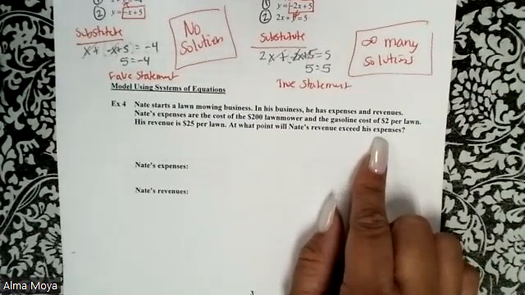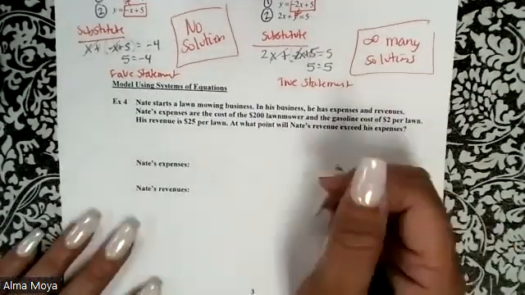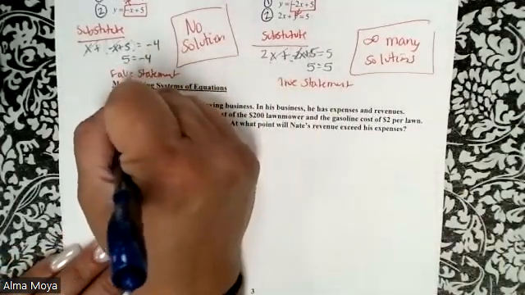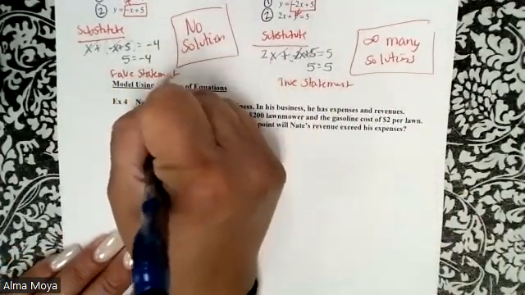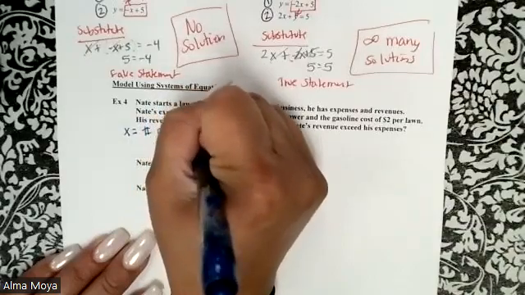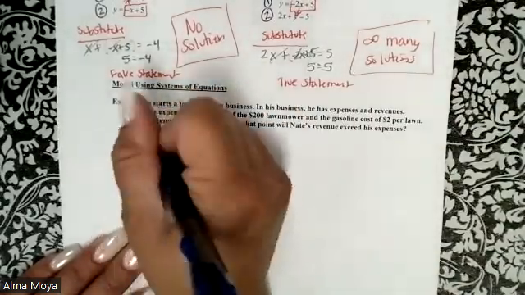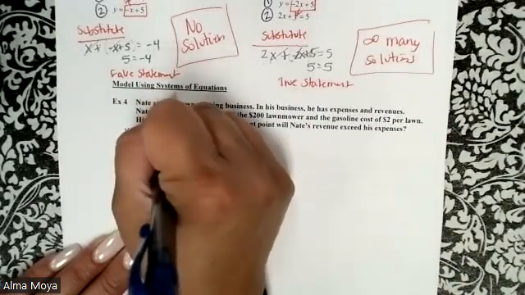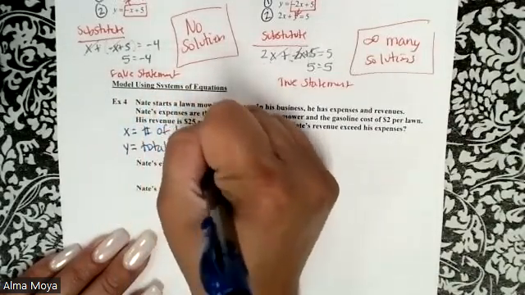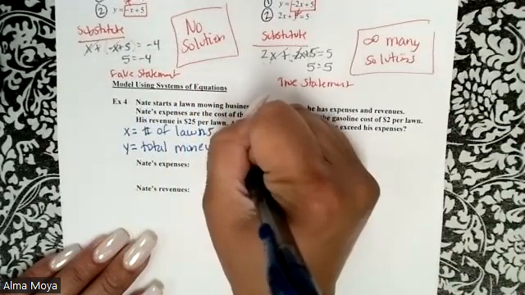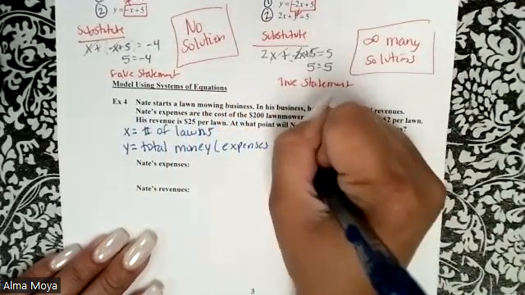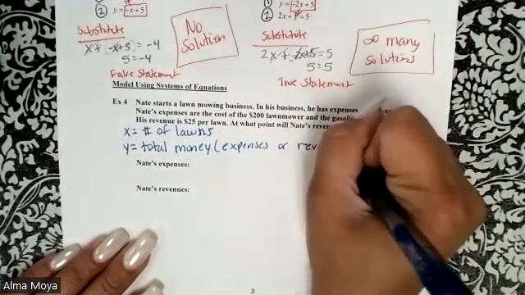So we're going to let X equal the number of lawns that he cuts. And then I'm going to let Y equal the total money, expenses, or revenues.